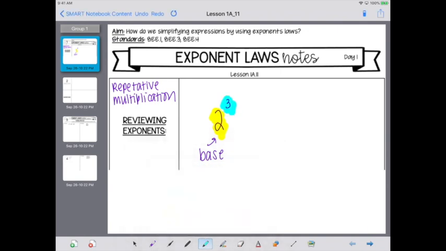And then we have 3, which is our exponent. So when you write 2 to the 3rd power in expanded notation, written all out with repetitive multiplication, you're taking the base number and you're multiplying it according to the exponent. So I'm going to multiply it by itself 3 times. 1, 2, 3. 2 times 2 is 4. 4 times 2 is 8. So 2 to the 3rd power is 8.